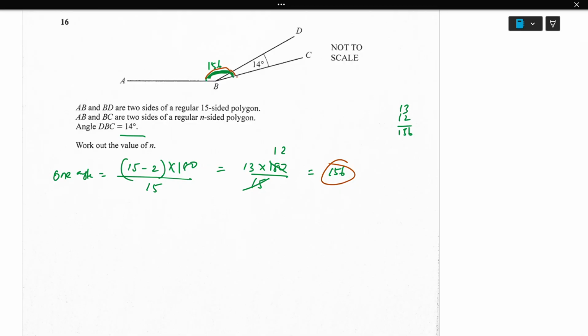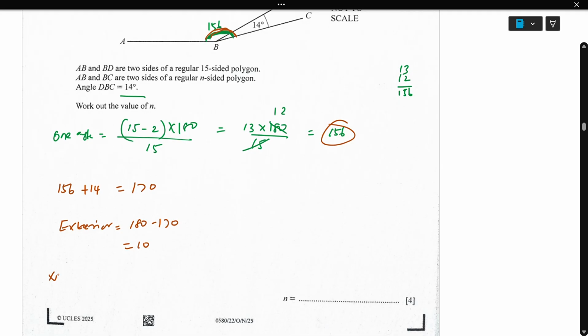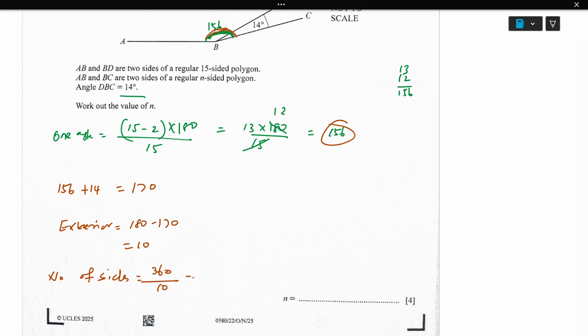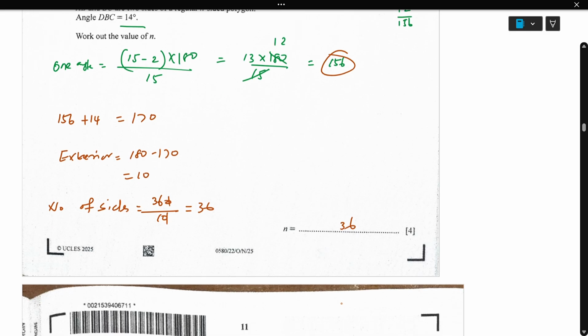Here this angle is 156, so the entire angle is 156 plus 14, which equals 170. So this 170 is the interior angle of AB and BC. So the exterior angle is 180 minus 170, which is 10. So now the number of sides of the polygon is 360 divided by the exterior angle, which is 36. So the number of sides is 36.